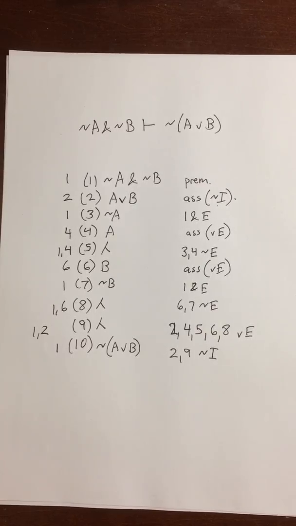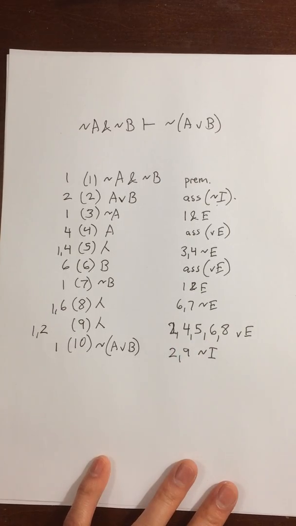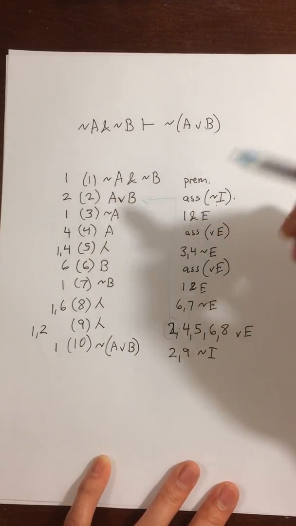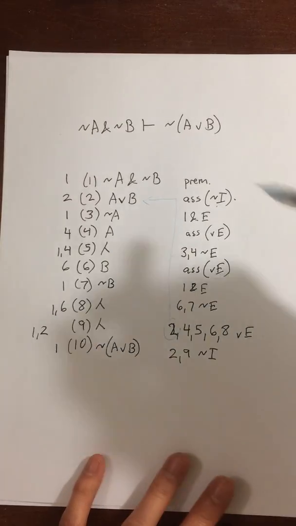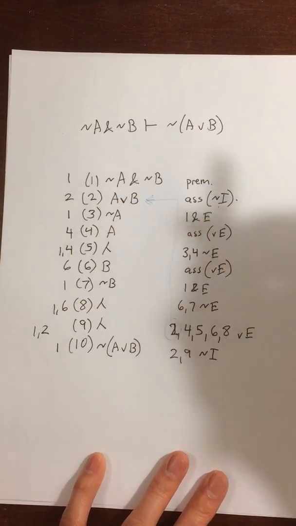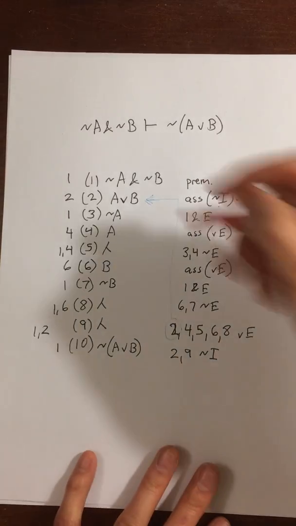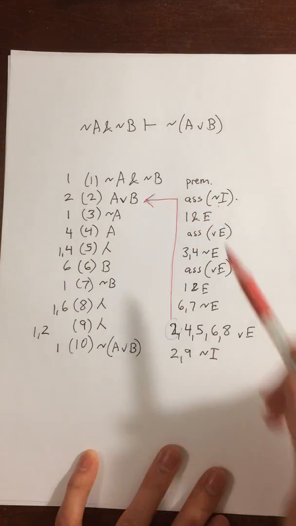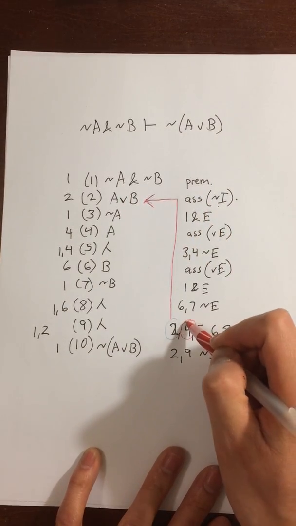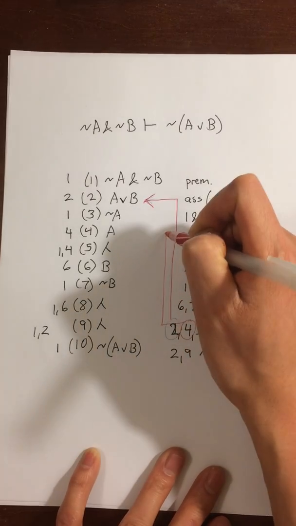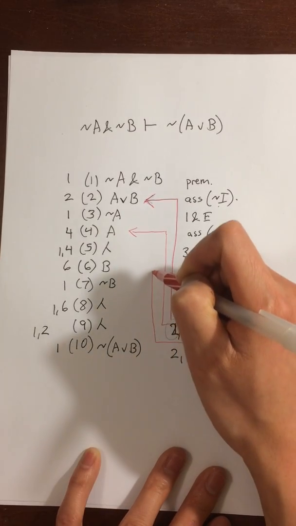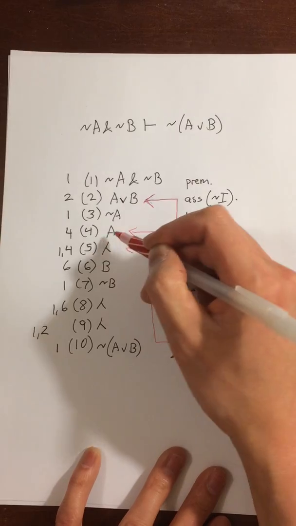So I'm going to try to sort of visually draw out what these lines refer to. So 2, right, as you can see, refers back to our, that might not show up. I use red. So 2 refers back to the original disjunction, right? 4 refers to the first assumption, right? 5 refers to what you got from the assumption of A, right?